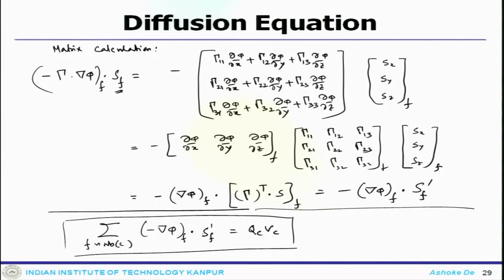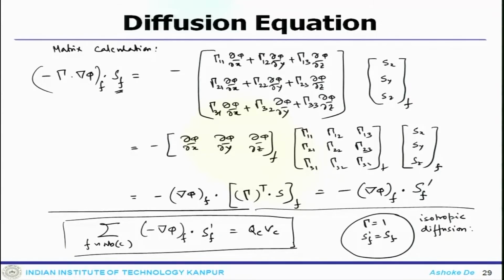One can also simplify: if you set the tensor gamma to 1 and S F prime equal to S F, the same thing can be used for both isotropic and anisotropic discretization. So this is the special case for isotropic diffusion.